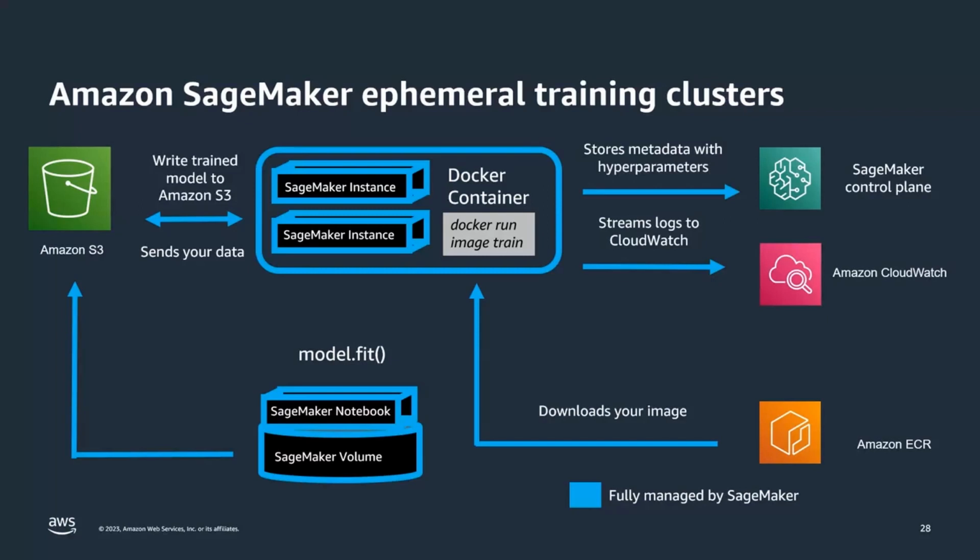One of the benefits of this configuration is that if the job fails for whatever reason in the middle of the night, the cluster will automatically spin down, and you stop paying for the job because you always have the pay-as-you-go methodology on AWS.